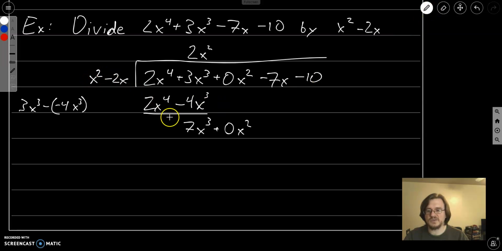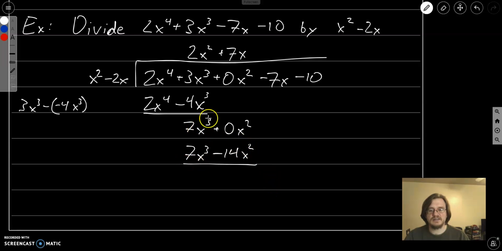So x squared will go into 7x cubed 7x times. If I divide 7x cubed by x squared, I'll be left with 7x. I multiply, so 7x times x squared is going to be 7x cubed. 7x times negative 2x is going to be negative 14x squared.